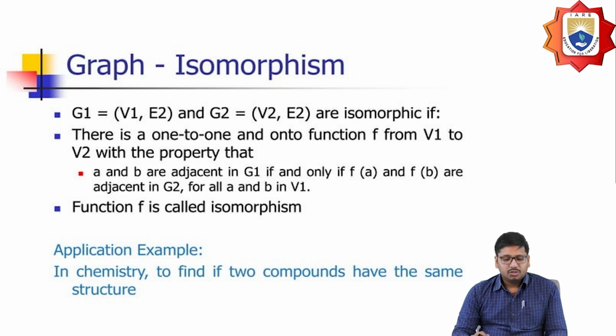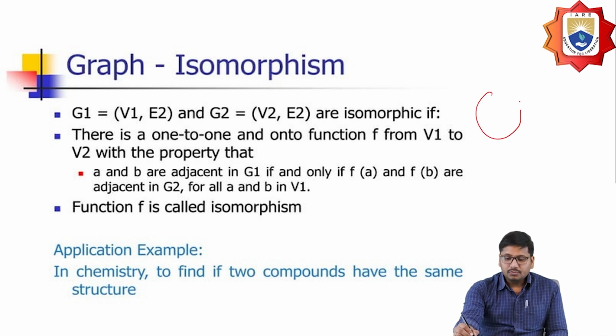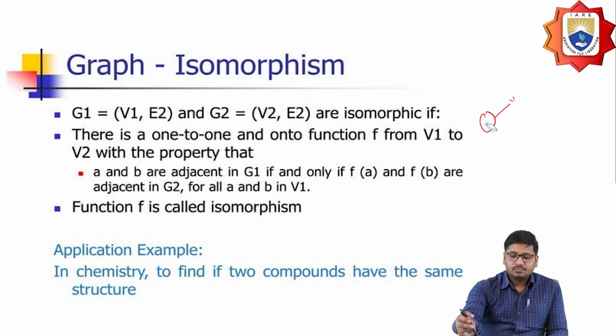Normally this is applicable in chemistry to find whether two compounds have the same structure. So let us consider a graph with vertices A, B, C and D. This is the graph G1.